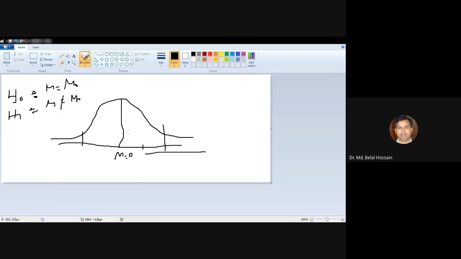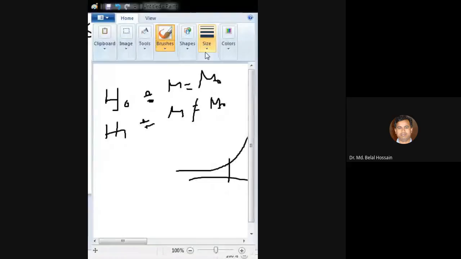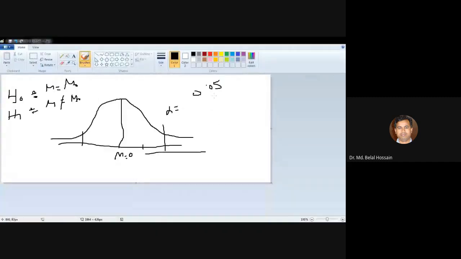In that case, your alpha value is in general 5%, or in terms of probability, 0.05.